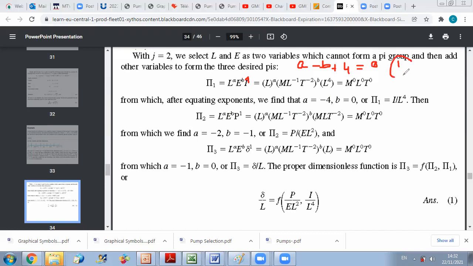Okay. Second equation for M. For M, we just have M configuring one time here. It's M to the power B. So B is equal to 0. Okay, so B from one side is equal to 0. Then replacing back here B by its value, you will get A equal to 4.